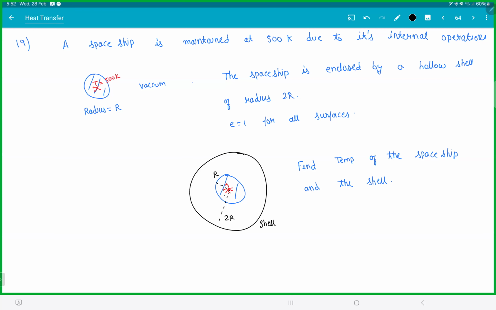Any ideas? Temperature of the shell will be easy, right? If I ask you this, I'll ask you this as a paragraph or more than one choice question.